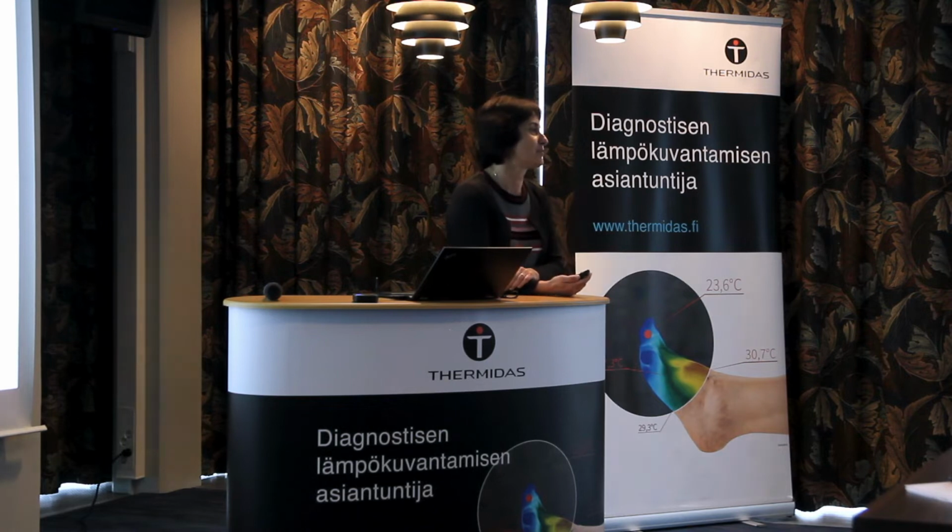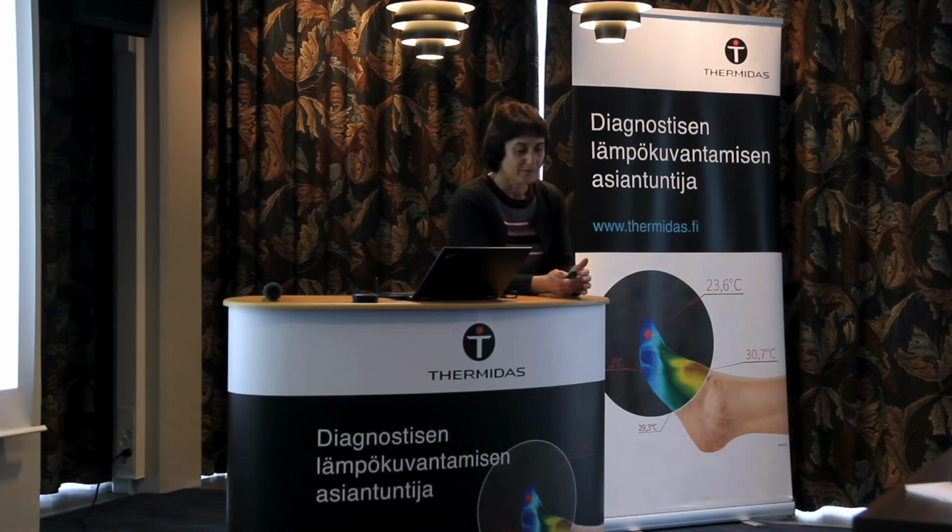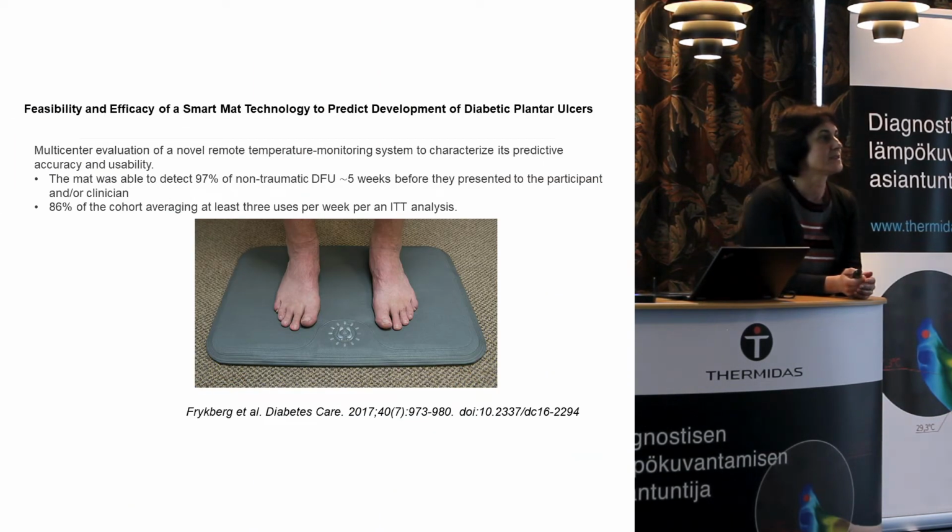I don't think we expect that we'll have a machine which will really take the care out, and we rely only on measurements. A further development is the temperature map, smart mat technology. This is a study published by Frykberg in Diabetes Care, where they assessed the usability of a thermal mat.